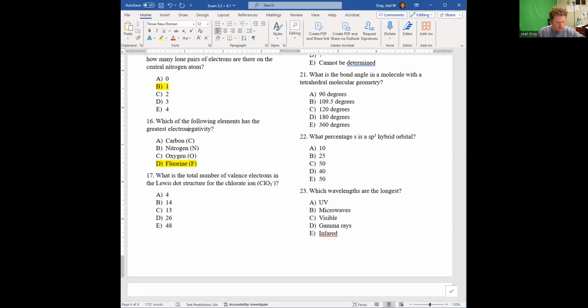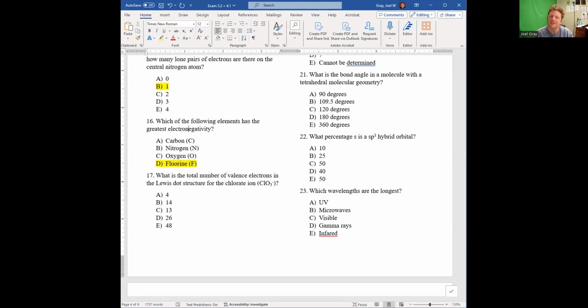Now, question number 17. What is the total number of valence electrons in the Lewis dot structure for a chlorate ion? Okay, so for this, what you need to do is you need to account for each of the valence electrons that each of these different atoms brings in.